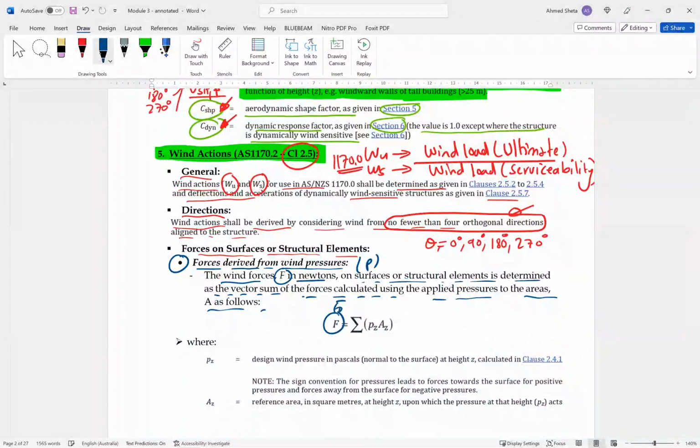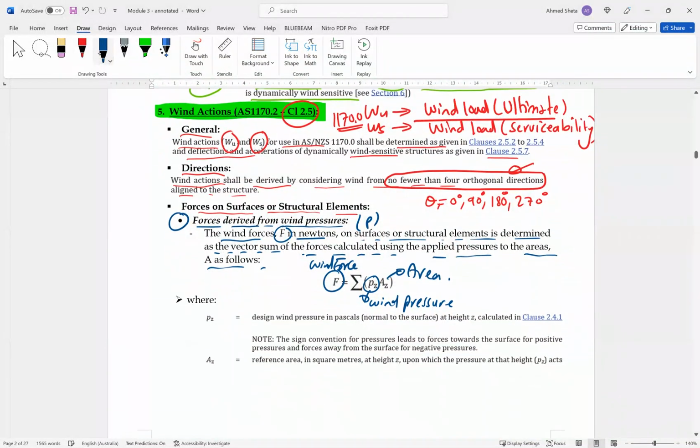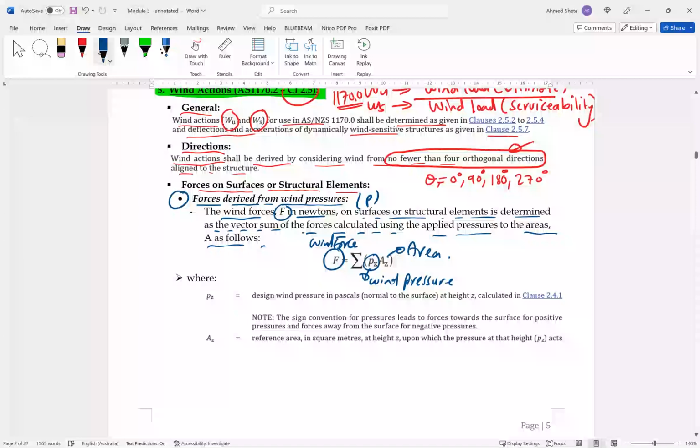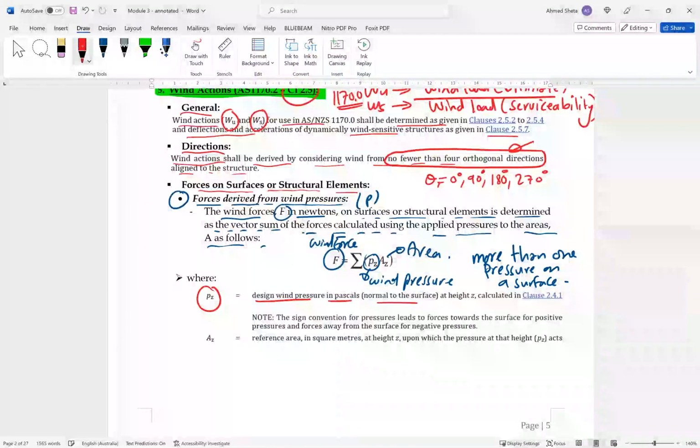F is the force, which will be equal to the sum of p times A, where A is the area. This is like a vector sum because you can have more than one pressure on a surface, so it is like a summation. Here p_z is the design wind pressure in Pascal normal to the surface at height z.